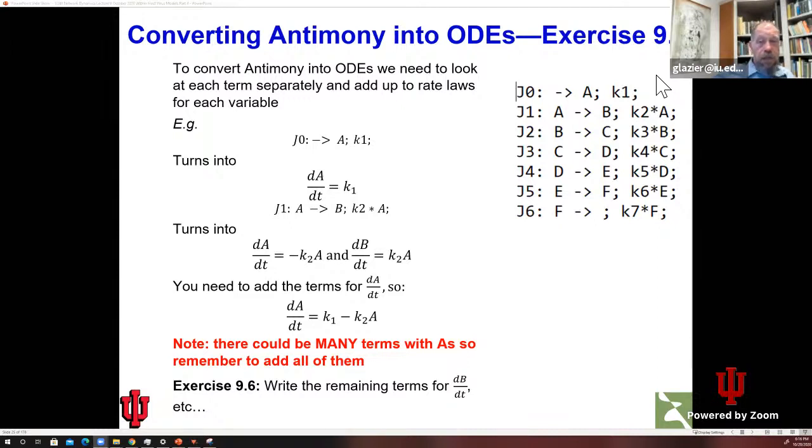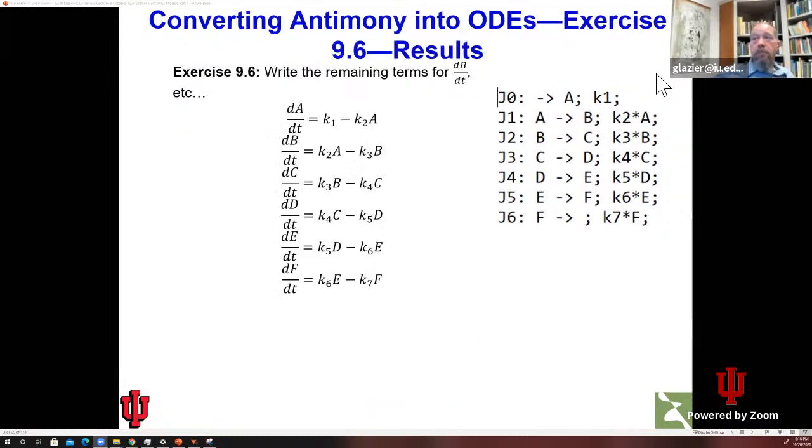Does anybody need more time with that? Okay. So just systematically, dA by dt is K1 minus K2A, dB by dt is K2A minus K3B.